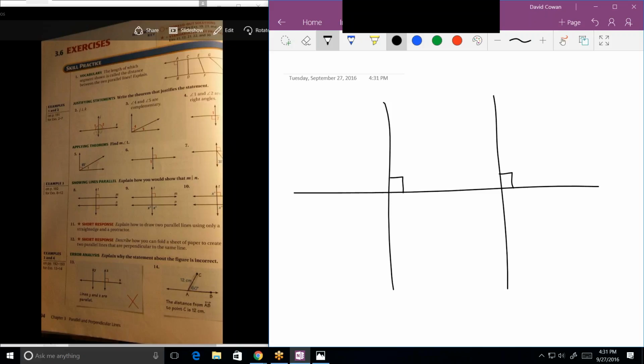So all you have to do is fold the paper so that the corners line up perfectly. I would say draw two parallel lines and fold it on my dotted line here. In other words, if you fold it on that line, then you will have two lines that are both perpendicular to the same line.